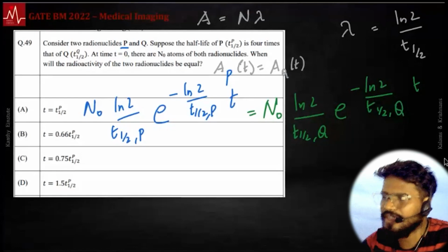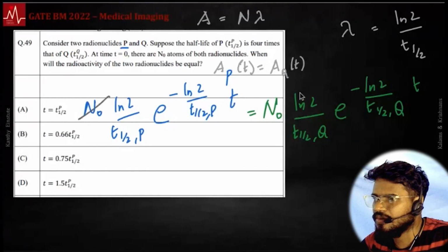You have to solve for T. Some things get cancelled: N naught ln 2 gets cancelled.